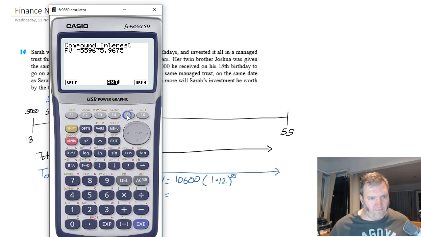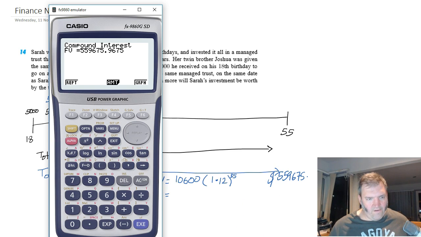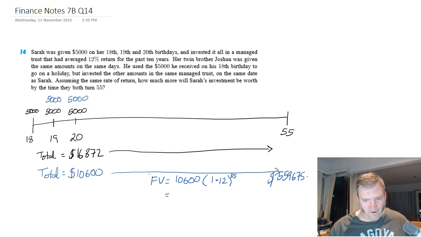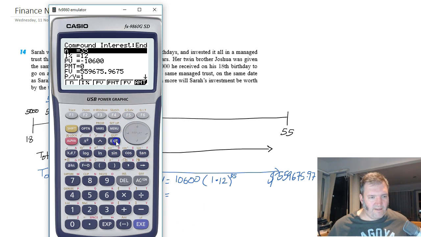Now we go ahead and calculate the future value. 559,675.97. There were a few cents there, so we'll quickly go back and add them in. So he's done all right for himself, hasn't he? 559,000, and he put in a total of 10,000 all up. Had to wait a fair few years, but he ended up with quite a tidy sum.